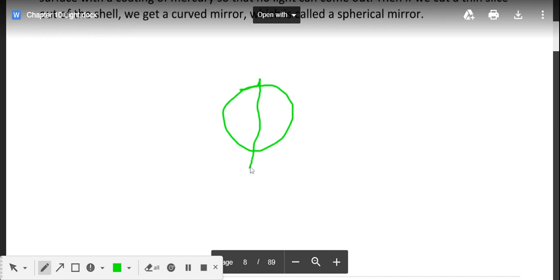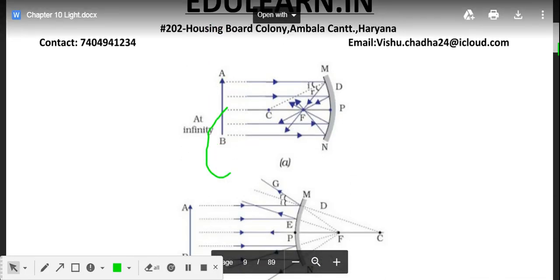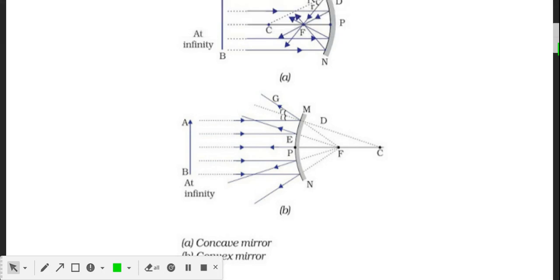The first shape you can see will be like this, and the other shape will be something like this. Just try to observe this now. One shape will be like this, the other shape will be like this.